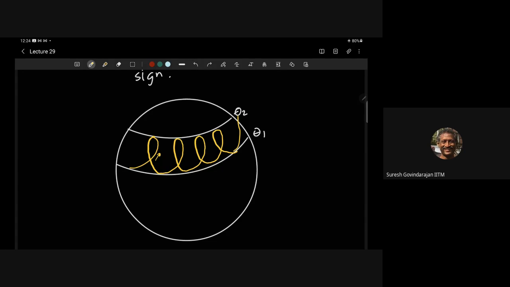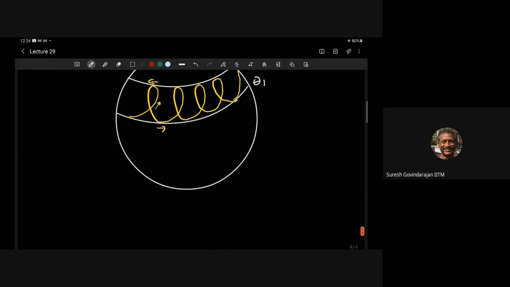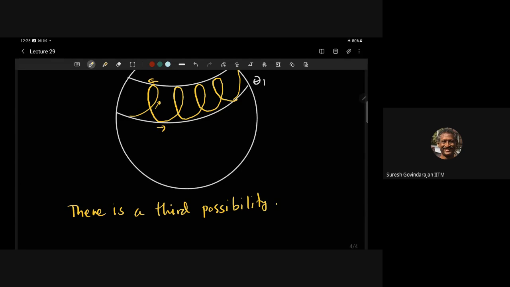Yes, sir. Okay. It's clear out here that it's going like this, and if you look here, it is going like this. And so phi dot, you can see this. Of course, there is a limiting case, which is between these two.